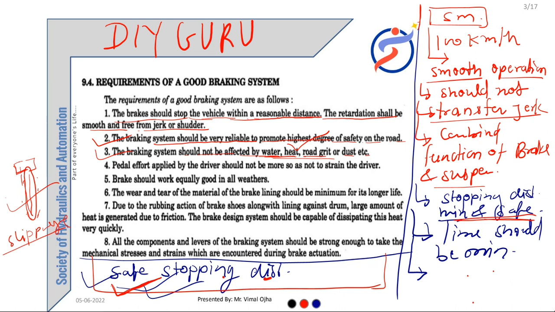Because of heat, there should not be much expansion in the disc or braking component. So it should not be affected by water, and should not be affected by heat. Road conditions means, suppose you are driving the vehicle on sand, so braking should not be bad; an effective braking system is required there.